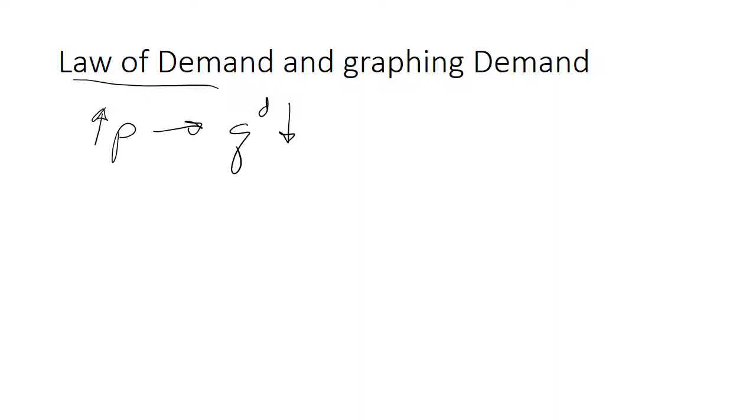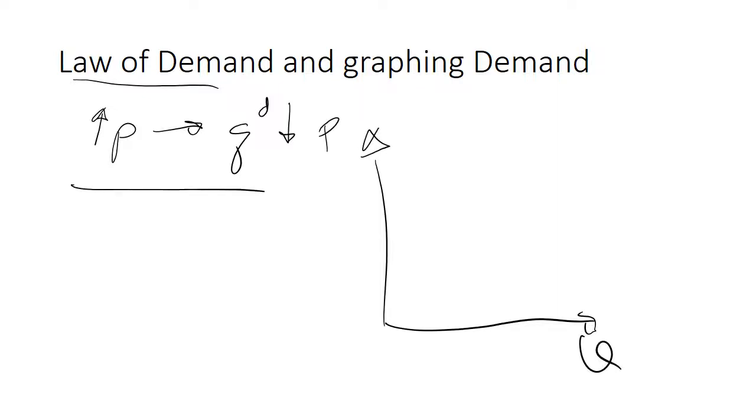This is called the substitution effect. Some people make a big deal out of those. I actually think that they're useful at times, but really not that big of a deal. So, the law of demand implies an inverse relationship between price and quantity demanded. And I'm going to draw this demand curve here as a downward sloping curve. It's the way you'd normally expect a demand curve to look.